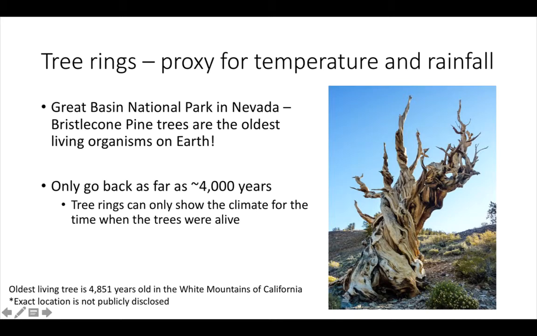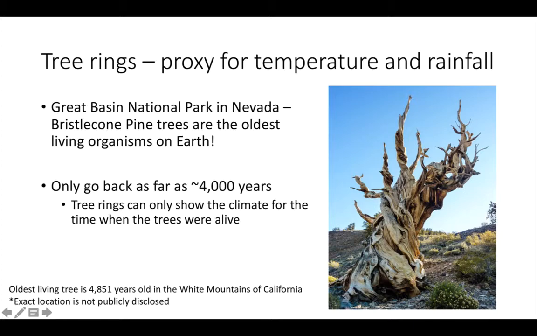And just as a cool aside, the oldest living tree is a bristlecone pine in the White Mountains of California on the Eastern Sierra. I got a chance to visit this grove a couple years ago, and I highly recommend it if you go on a trip to the Eastern Sierra. So the oldest living tree is there.